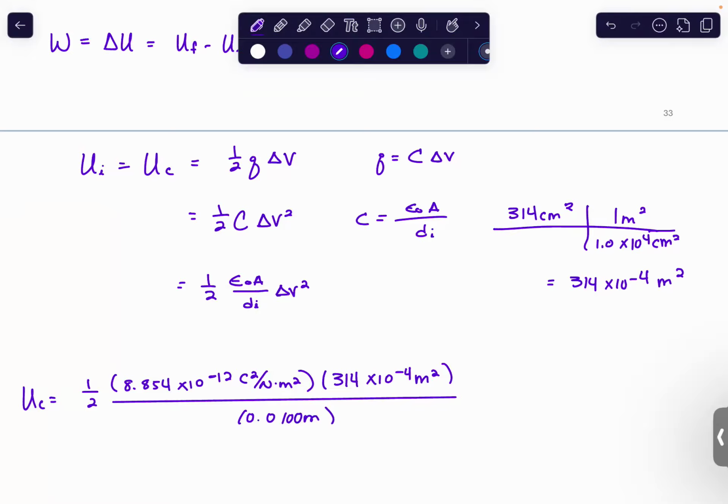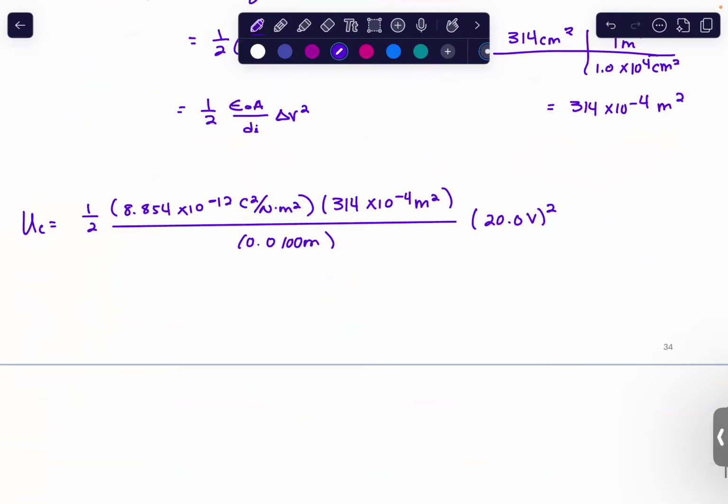So you have your separation, and then your delta V is 20 volts. This will get you 5.56 times 10 to the -9 joules, which is nanojoules.